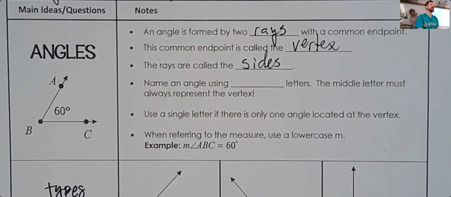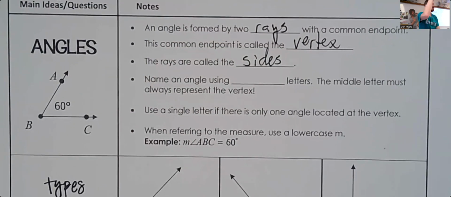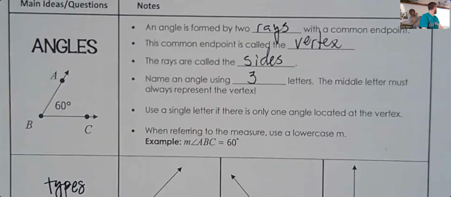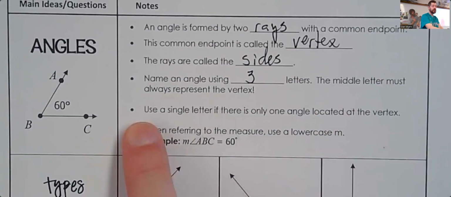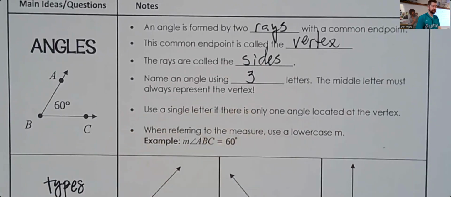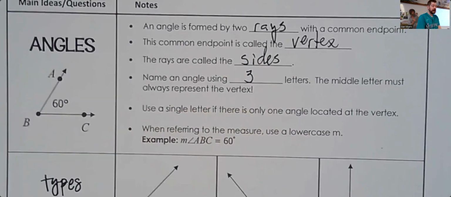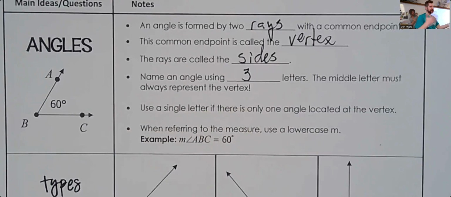How many letters do you need to name an angle? 3. 3 letters to name an angle. Good. And then, like I said before, the middle letter must always represent the vertex. However, because there's always exceptions, right? Math always full of exceptions.